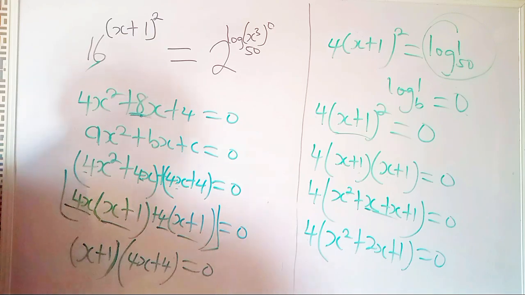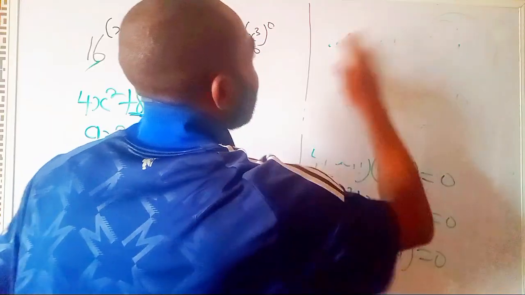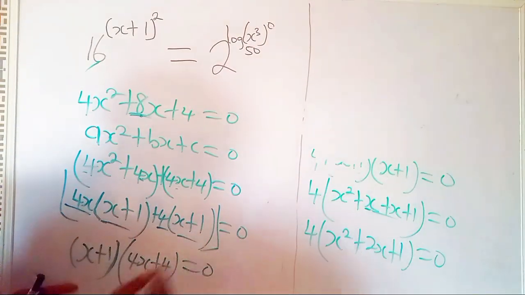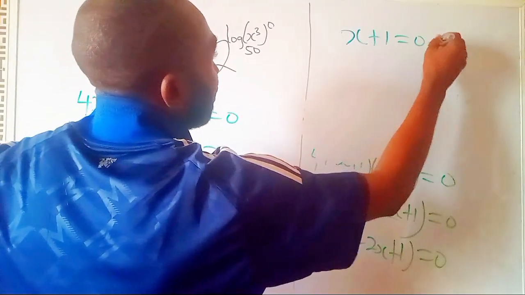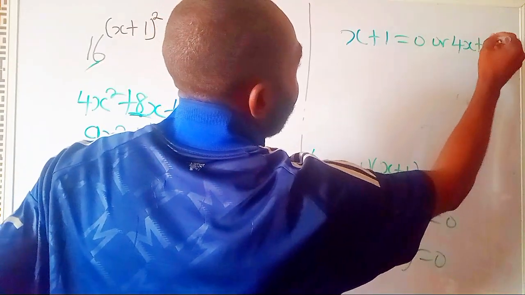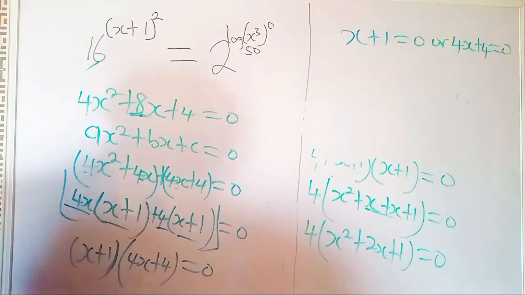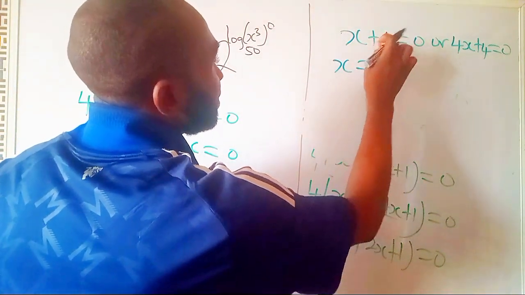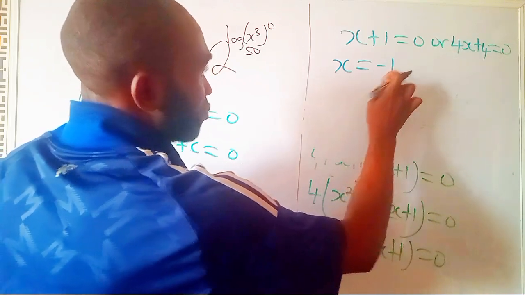Let's continue here. Okay, so now x plus 1 is equal to 0, or 4x plus 4 is equal to 0. Alright, so which means x is equal to minus 1. When you take this plus 1 to the other side, it changes to minus 1.